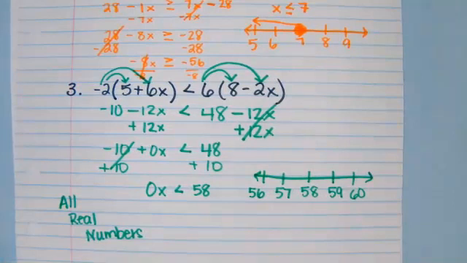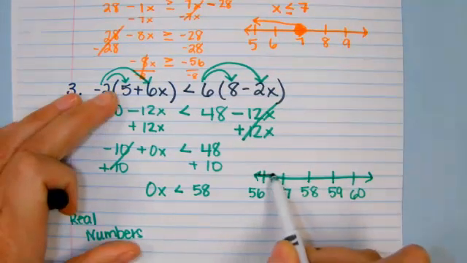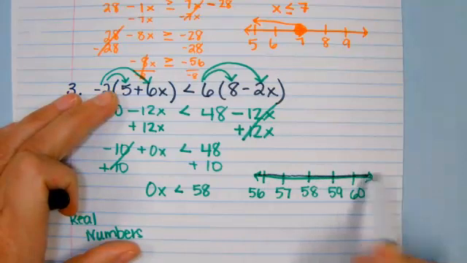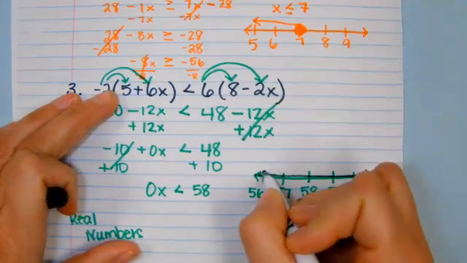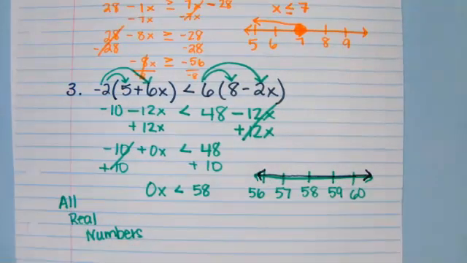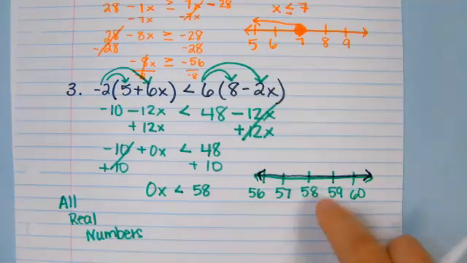What we do is the graph is going to encompass the entire graph, and it's going to encompass everything on that graph. It's all real numbers. The line extends in both directions, going both ways, and that's our answer to our graph. All real numbers looks like that.